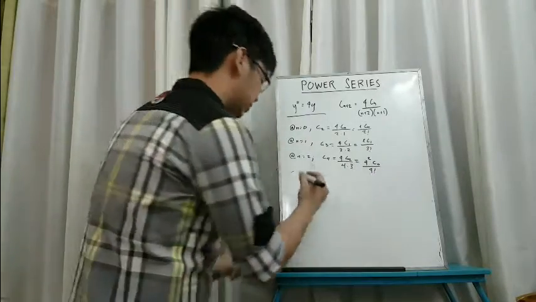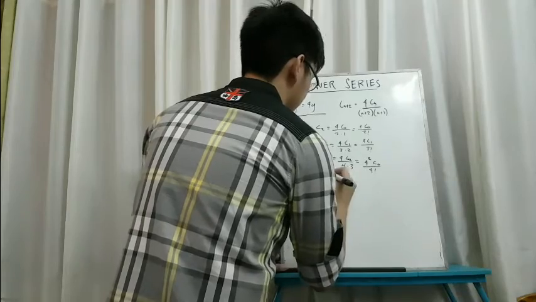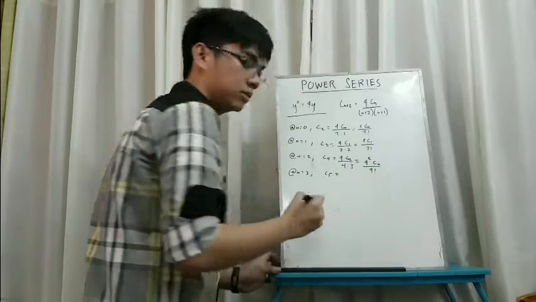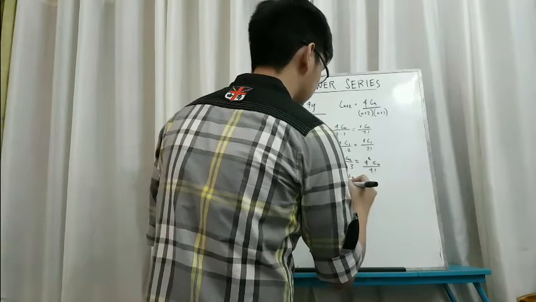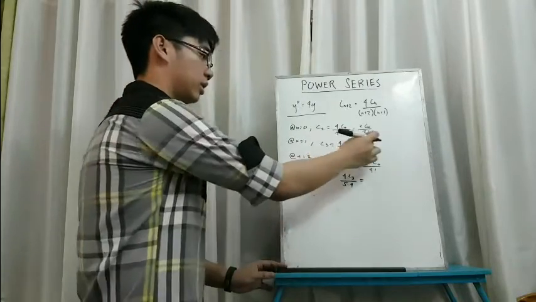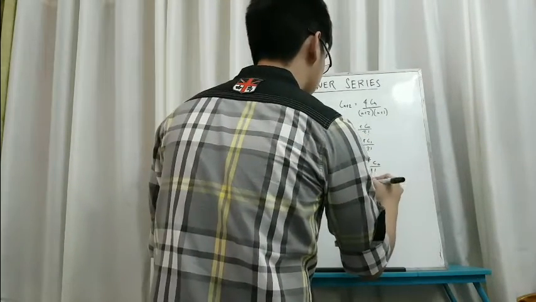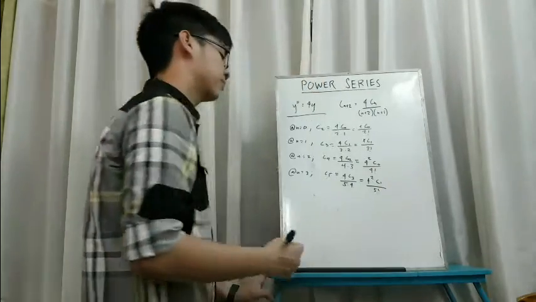At n is equal to 3, C5 is equal to 4 C3 all over 5 times 4, and plugging C3 here would give us 4 squared C1 all over 5 factorial.